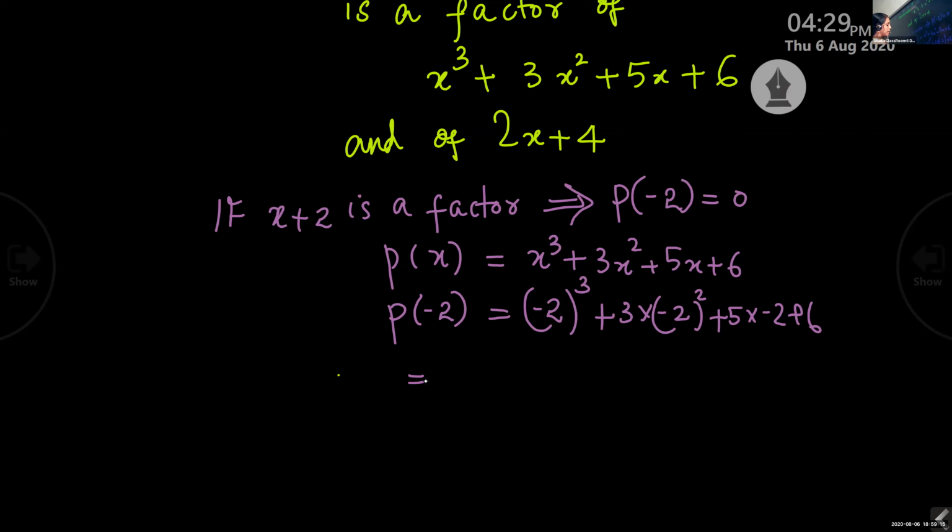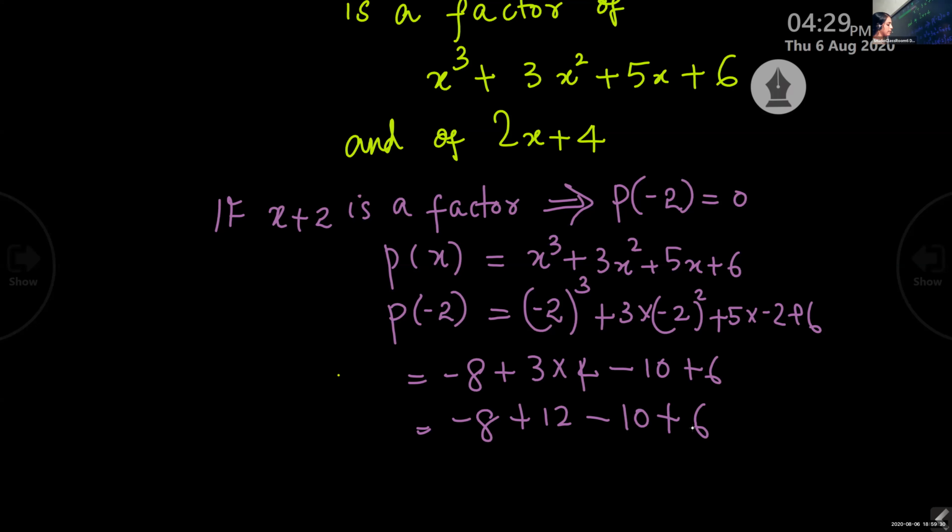So it is -8 plus 3 into +4 minus 10 plus 6. -8 plus 12 minus 10 plus 6. -18 plus 18, answer is 0. Clear?